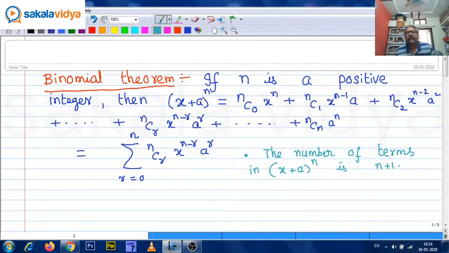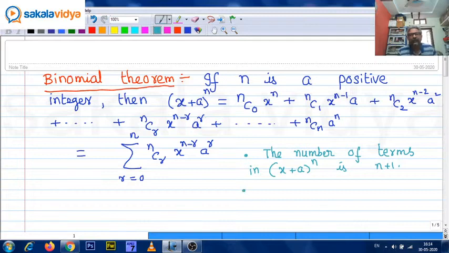Next, see here the sum of the powers of x and a in any term. Let us check it now. So that means actually power is n. Here n minus 1 plus 1 is n, n minus 2 plus 2 is n, n minus r plus r is n.